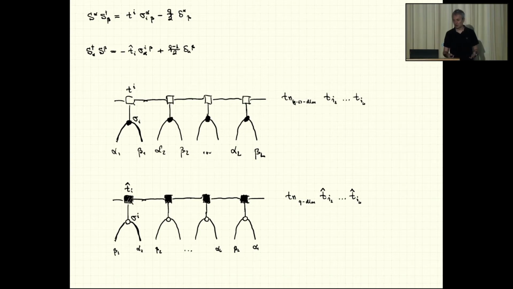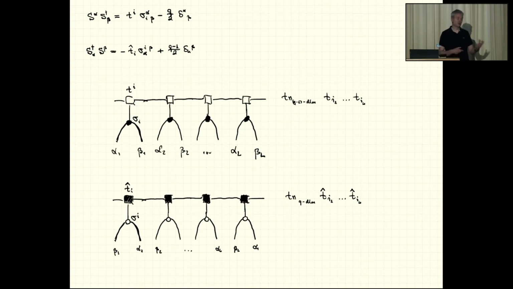To show this, it's more convenient to use the representation with the composite fields, where we combine two sites into one. Then the bond dimension is either Q dimension or Q minus 1 dimension.